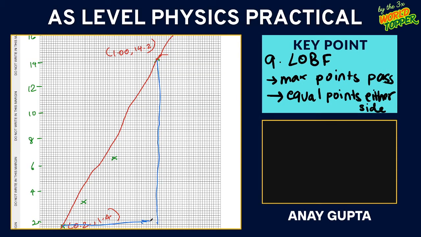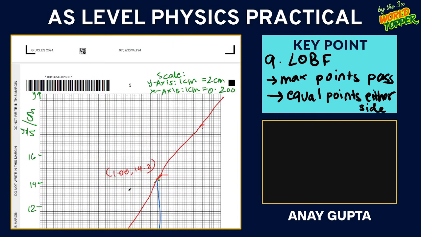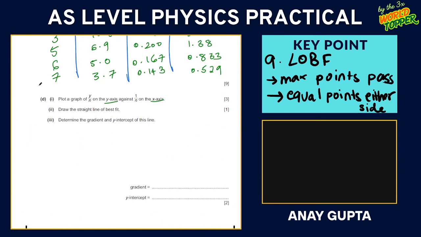Okay, this shows the examiner that these are the 2 points that you have used, and this is how we will be calculating the gradient. So the gradient is equal to delta y upon delta x.